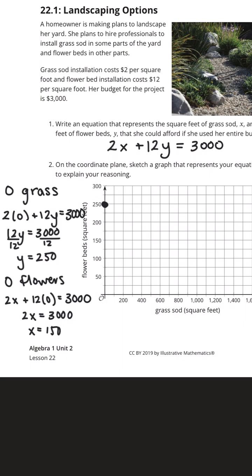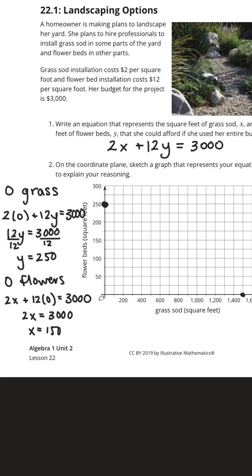So no flowers, 1,500 square feet of grass, that would be right here. So that gives us 2 points. We can grab a ruler and make a line. If you don't feel confident making your line, we can figure out another point on the graph.